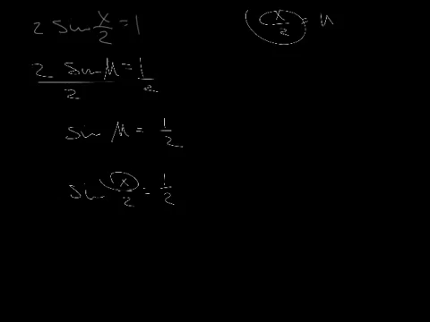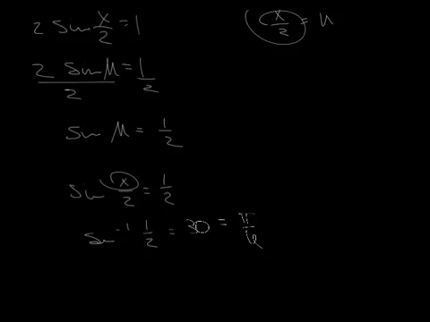So I'm trying to figure out what angle divided by 2, and I take the sine of it, is going to give me 1/2. So here's the secret. If I take the inverse sine of 1/2, or 0.5, see what you get. You get 30 degrees, right? 30 degrees written in radians is pi over 6.